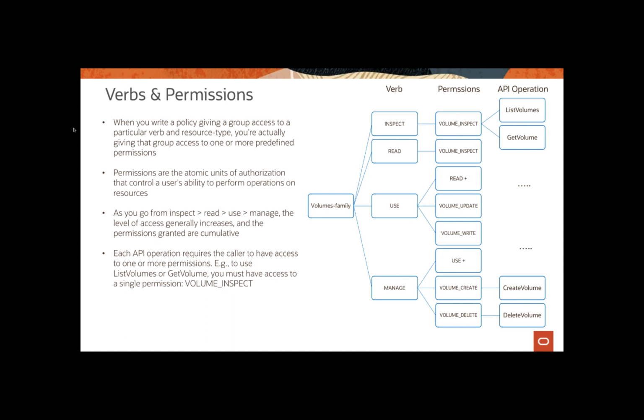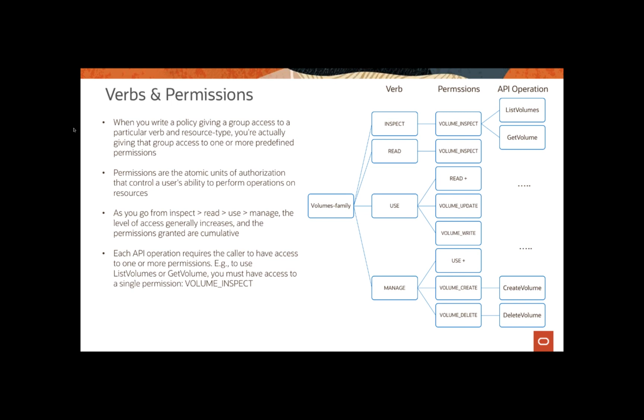When you actually write a policy in which you give a group access to a particular resource or resource family using a verb, what essentially happens is you're giving some predefined permissions for certain API operations. To make it easy, let's read this diagram on the right.